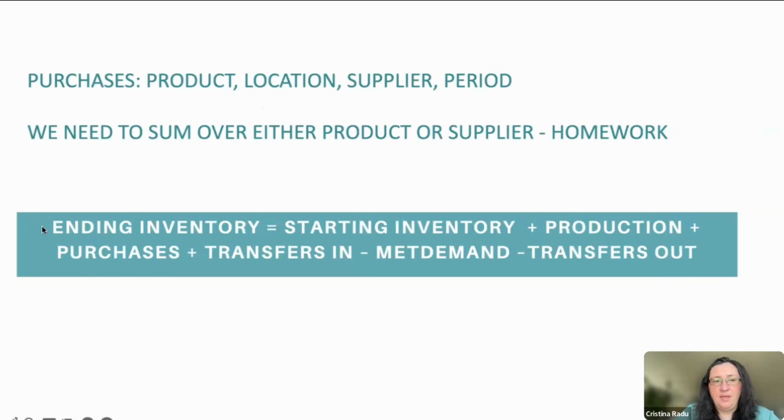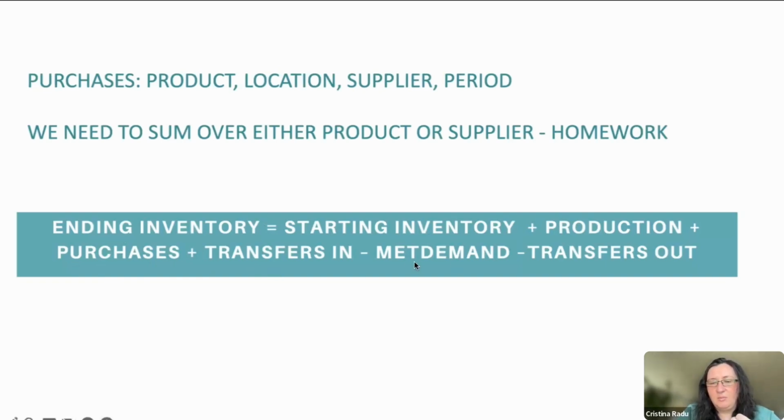And then the equation now becomes: ending inventory is equal to starting inventory, so what you have at the beginning of the bucket, plus what is being produced, plus what is being supplied from outside your manufacturing facilities. Then transfers in, what comes into that location.